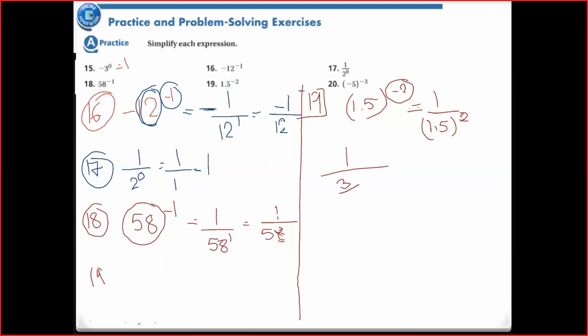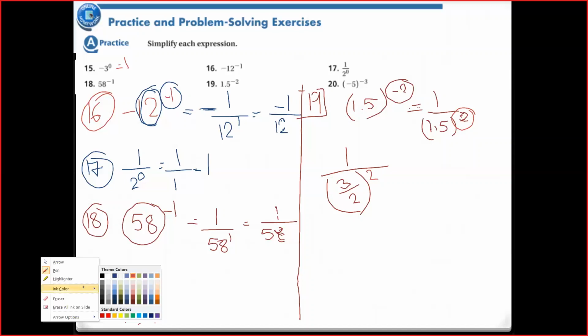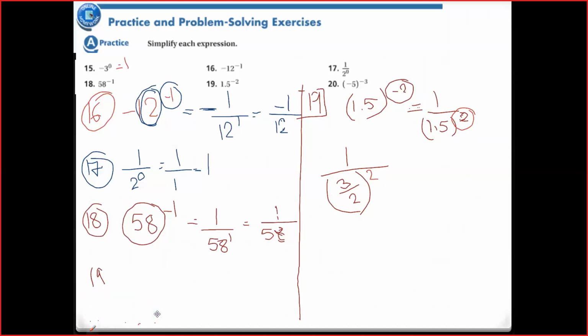Is 1.5 the same as 3 over 2? Okay. Now, but here we have squared. I will write it here as squared. Why negative?